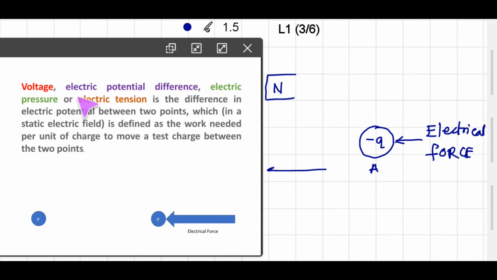Voltage, or electrical potential difference, also called electrical pressure or electrical tension, is the difference in electrical potential between 2 points, which in a static electric field is defined as the work needed per unit charge to move a test charge between the 2 points. As we saw, this is point A, this is point B, and we have to apply force, and work is to be done to bring this charge from this point to this point.